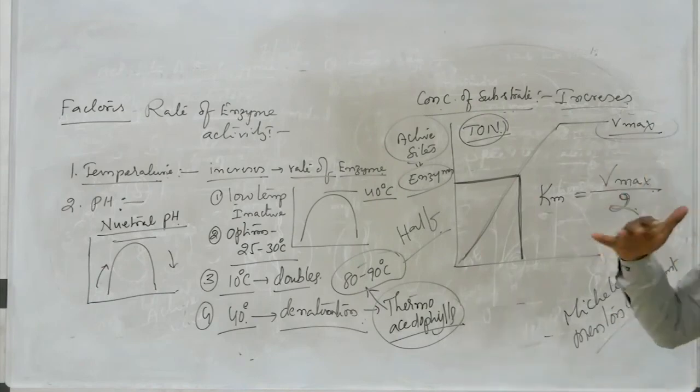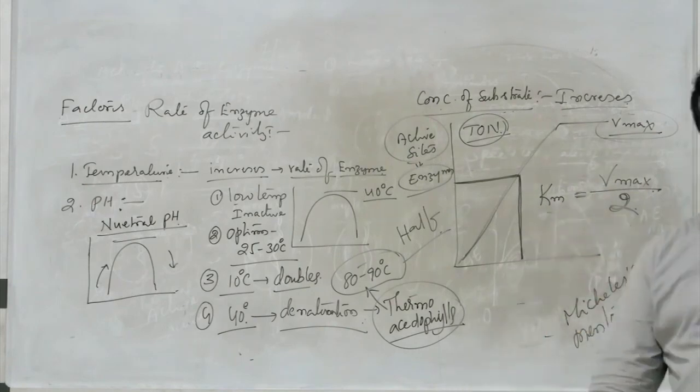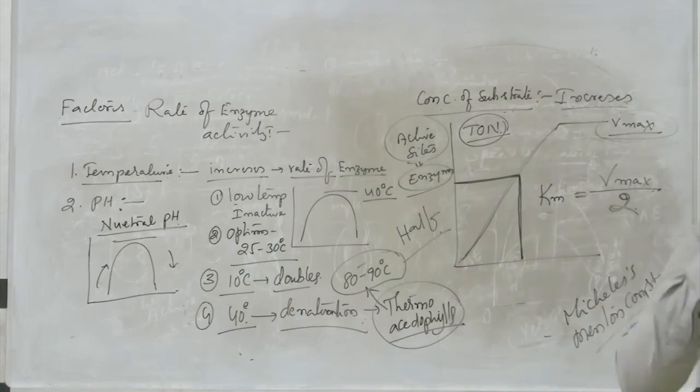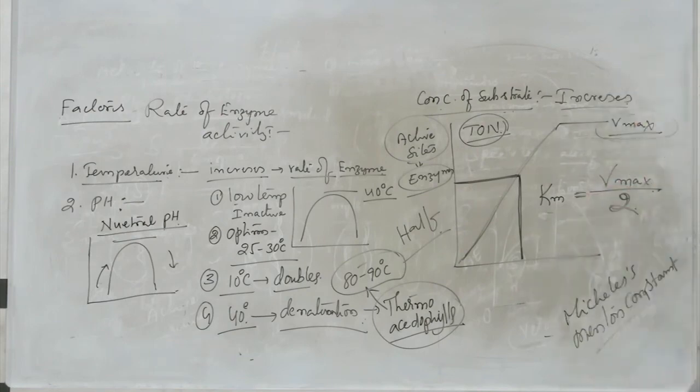When it reaches half of the maximum velocity, that is called Km. Km means the Michaelis-Menten constant: the concentration of the substrate when the enzymatic activity is half the maximum velocity. Simply, Km is equal to Vmax by 2. Those are the factors affecting the rate of enzymatic activity.